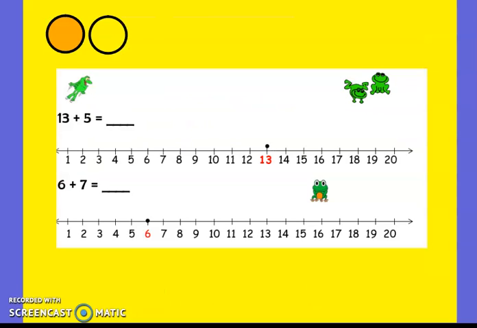Okay, so orange and yellow group, you're going to have these kinds of questions. So the first one, let's have a look at together. You've got 13 add 5, and the number that you are starting on has been highlighted for you. It's going to be in red and it's got a dot on it, so you know where to start. So 13 add 5, so you're going to go 13 add 5 jumps. 1, 2, 3, 4, 5.